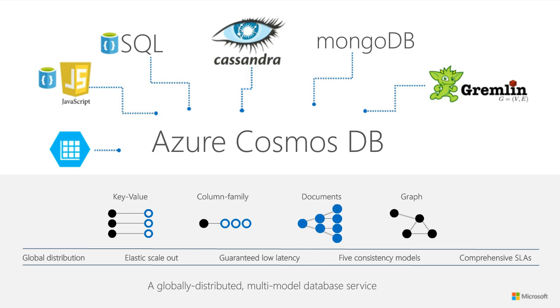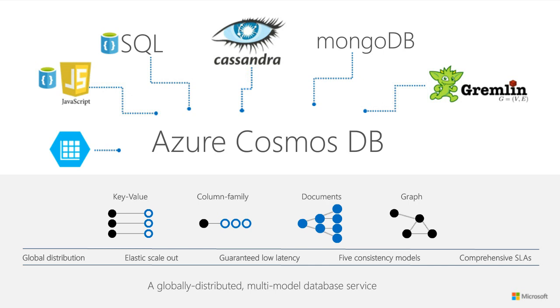We have 5 consistency models. For those of you who like a little bit about databases and the CAP theorem, we have 5 different consistency models, from strong all the way to eventual, as well as 3 ones in between that really revolutionize how people think about NoSQL databases. And lastly, we do have comprehensive SLAs. For those of you who are not familiar with the acronym, SLAs are service level agreements, our promises to the users.